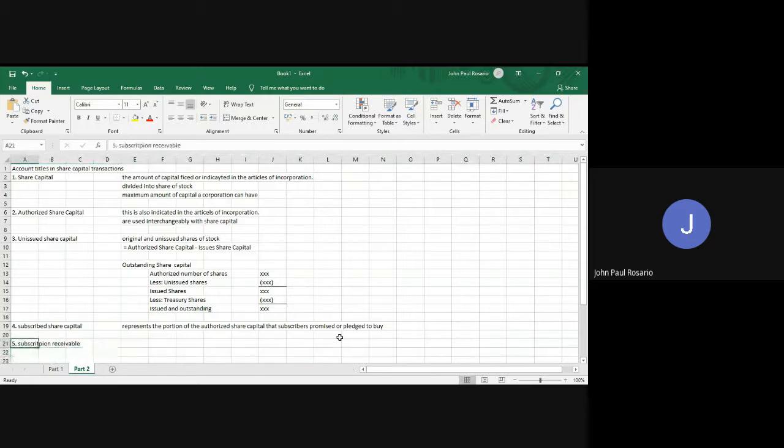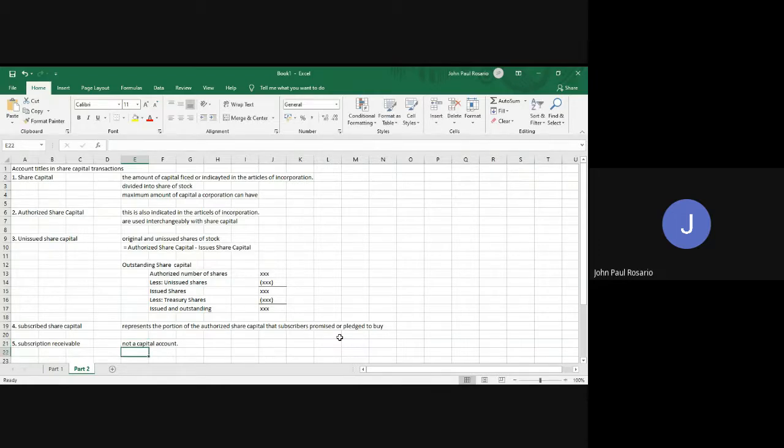So subscription receivable. Okay. Now, your subscription receivable is not a capital account. This is actually an account used whenever there is a subscription.